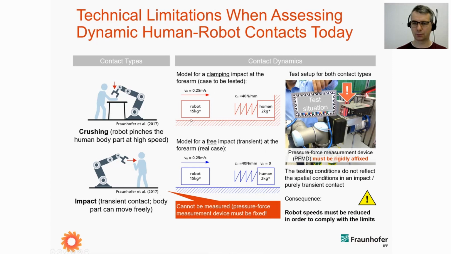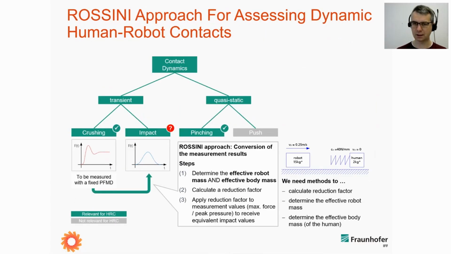We will receive lower speeds than we could have in a real transient case. So the speeds are artificially reduced because we cannot measure it. Good, this is the current state.